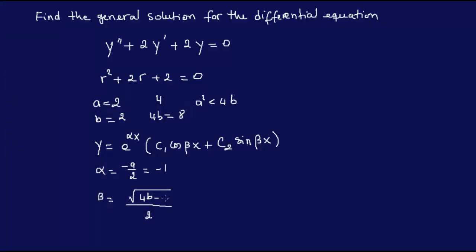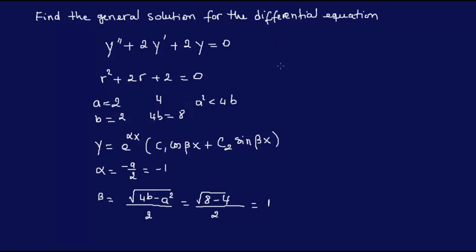So only take the square root upstairs, I mean on the numerator. So that will be 8 minus 4 over 2. So that's a 1, right? 8 minus 4 is 4. Square root of 4 is 2, 2 over 2 is 1.